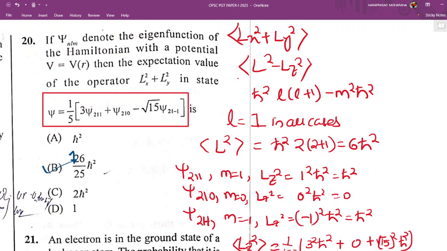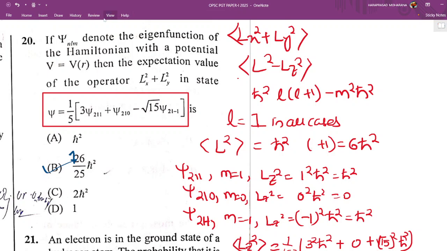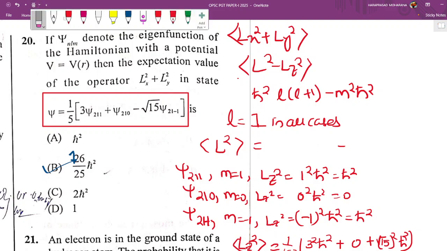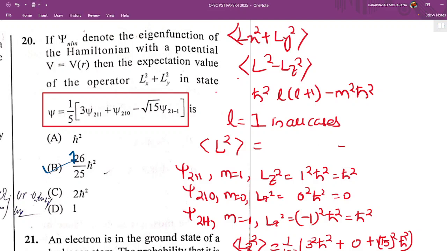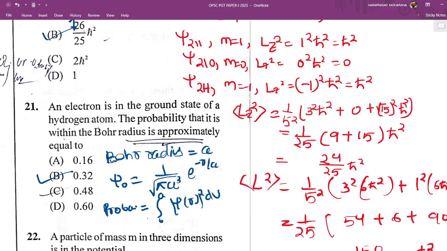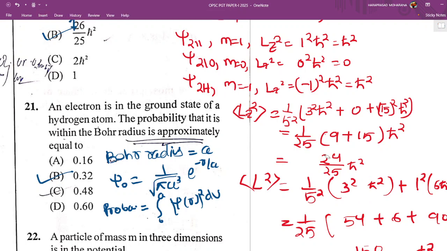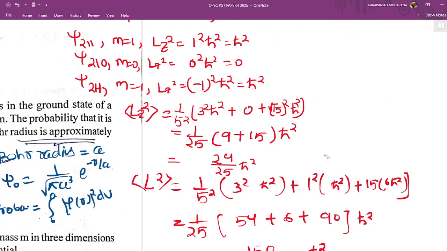Let me erase all this. So what will I get? L is equal to 1. In these cases, if I put h cross square 1 into 1 plus 1, the answer will be 2 h cross square, isn't it? Then for the L square expectation value, here it will also be 2 h cross square, not 6 h cross square.